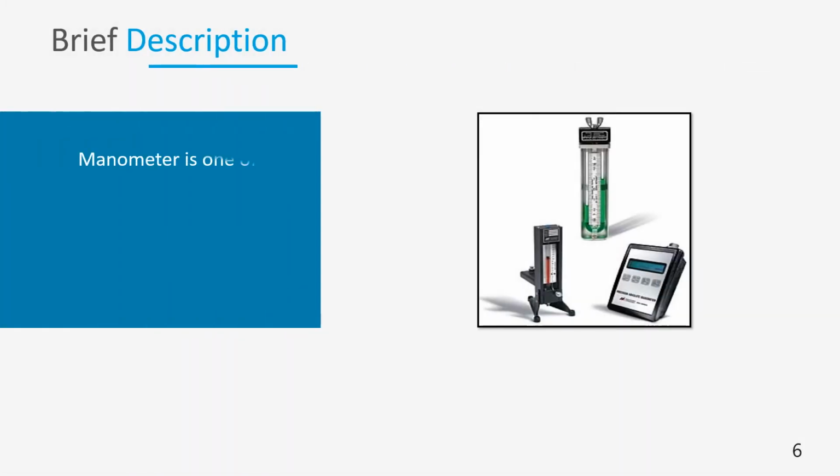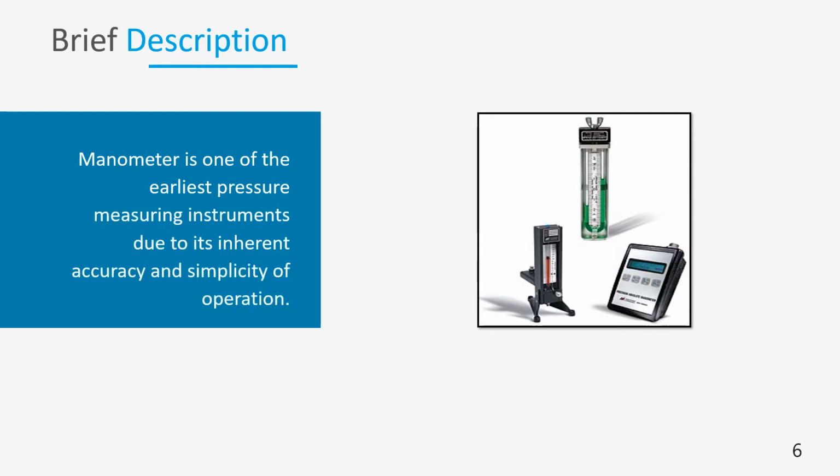So let's now start with a specific measuring instrument, which is the manometer. Manometer is defined as one of the earliest pressure measuring instruments due to its inherent accuracy and simplicity of operation. For me, when I think about pressure measuring instruments, one of the instruments I really remember is the manometer.